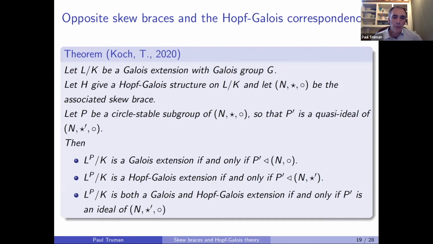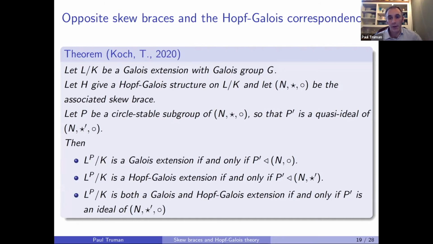Point 2 picks up on another collaborative project from a few years ago, again with Alan Koch, Tim Kohl and Rob Underwood, where we looked at quotient Hopf-Galois structures. We were trying to generalize the quotient group parts of the fundamental theorem of Galois theory in the Greither-Pareigis context.